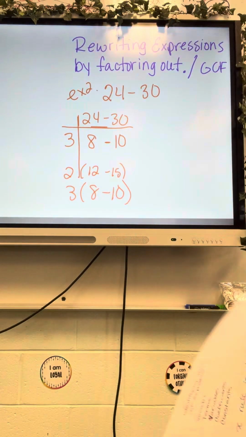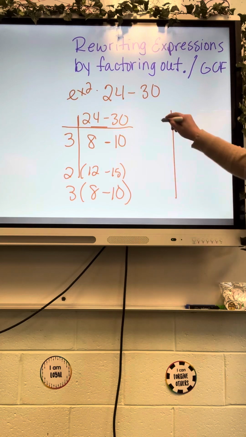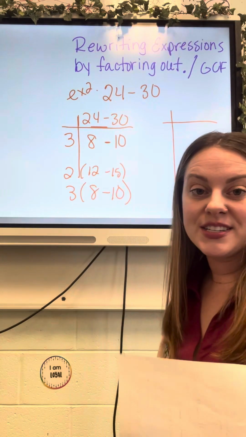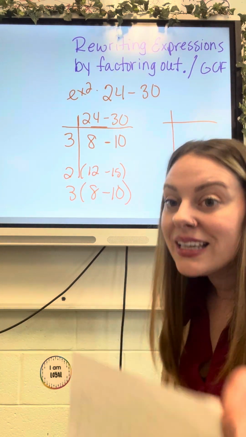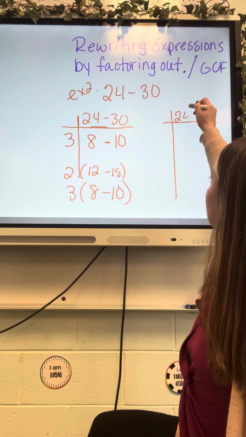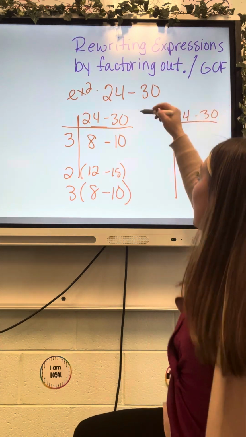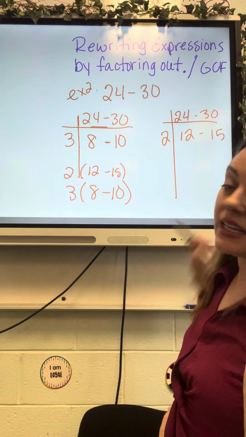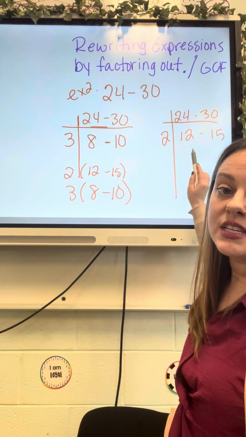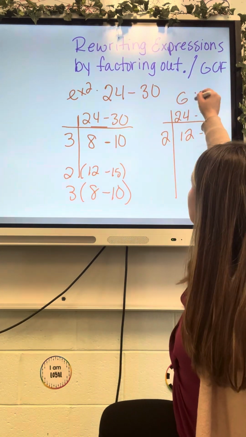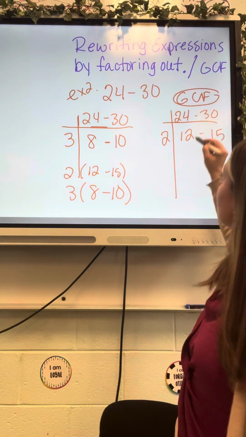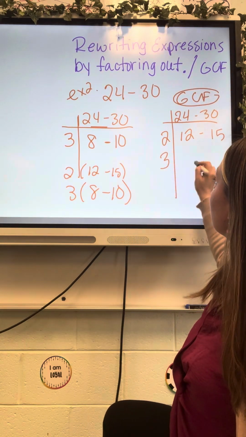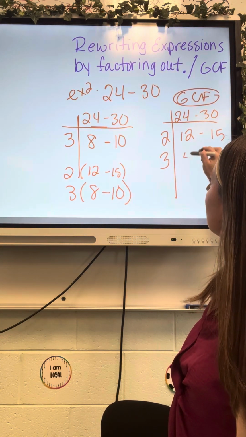Now over here, I'm just going to do the GCF. So all you're going to do is find the GCF. That's it. So 24 minus 30, I could take out a 2. I'm left with 12 and 15. And what can I take out of 12 and 15? I could take out a 3. And 3 times 4 is 12.